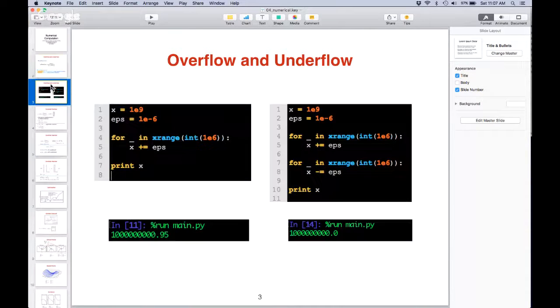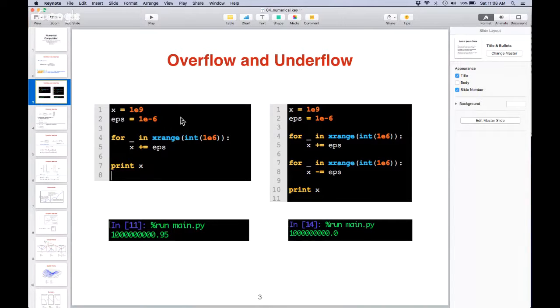Here I have a little bit of code. I set two variables, one to a very large constant number, like a billion, 10 to the power 9, and I'm going to add a very small number, epsilon, 10 to the minus 6, a millionth basically. I'm going to add this 1,000,000 times.